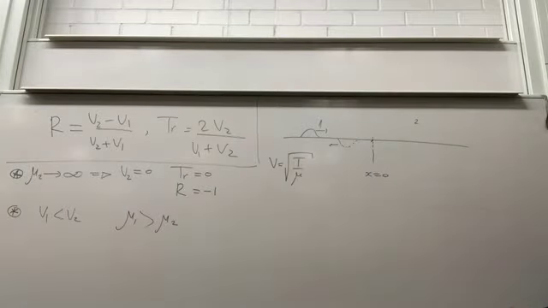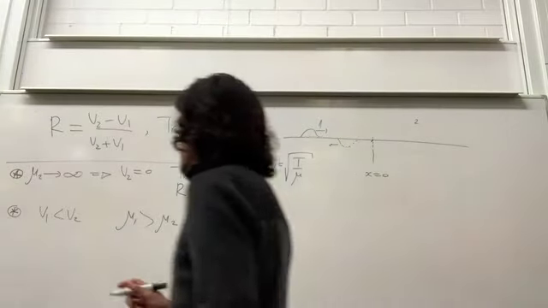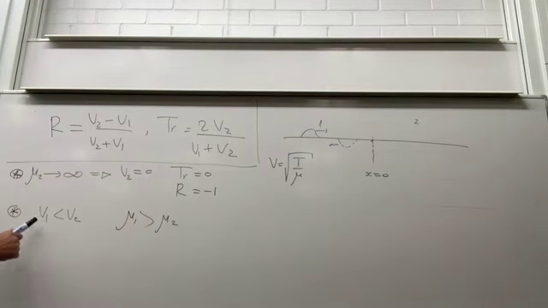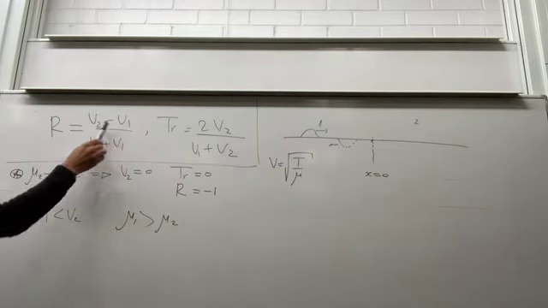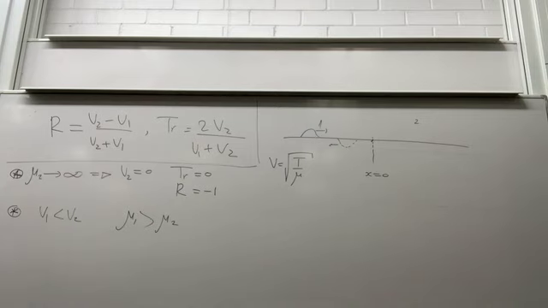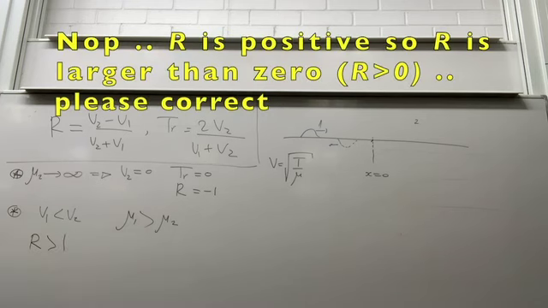What would we expect now to have? If V1 is smaller than V2, then R is positive, and TR is also positive.